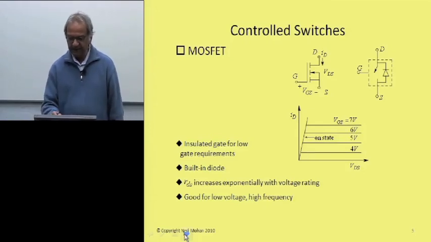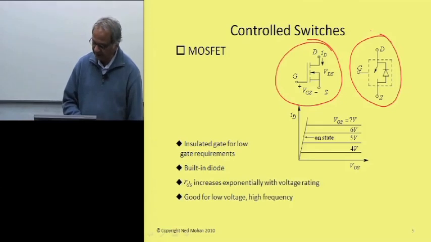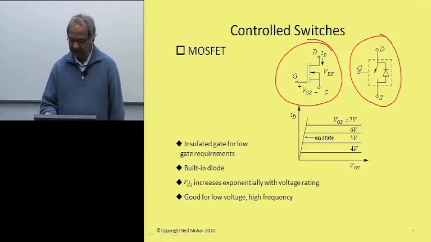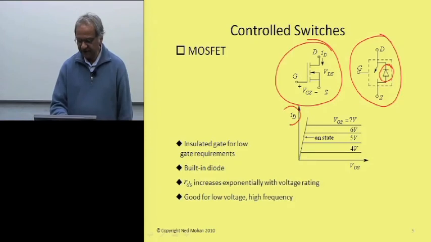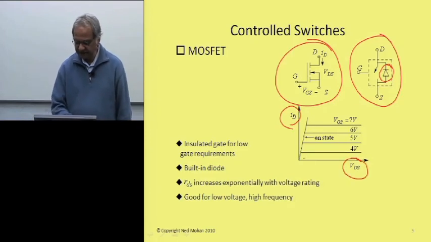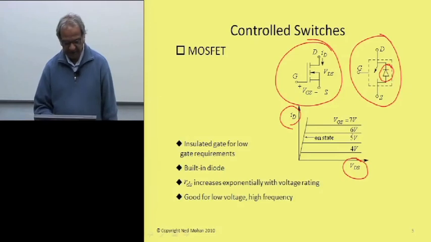And the symbol for this MOSFET is shown here. And we can draw it like this, recognizing that there's a switch here which turns it on or off, but there's a parasitic diode in anti-parallel, and the drain current versus drain to source voltage for different gate to source voltages are plotted over here.